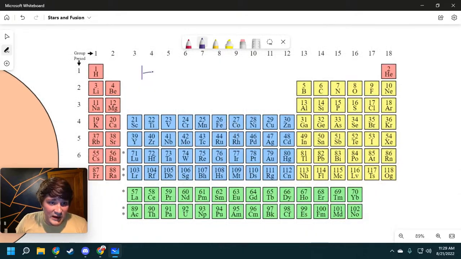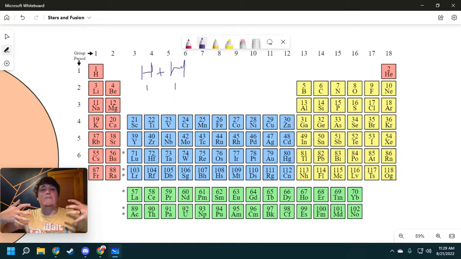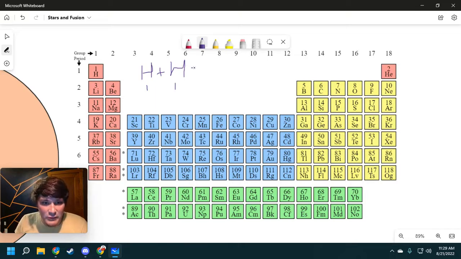Basically, what we do is we take hydrogen plus another hydrogen. Remember, these are both ones on the periodic table. We fuse them together, nuclear fusion, and we get a helium atom out of it. Number two, right? So we take two of these hydrogens and we fuse them together to create a helium atom.